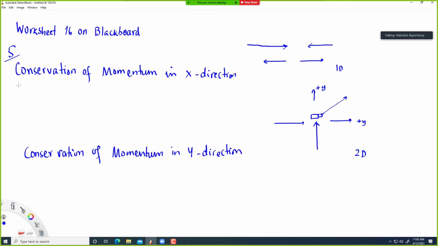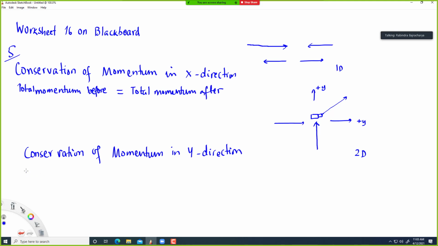So conservation of momentum: total momentum before collision is equal to total momentum after collision.